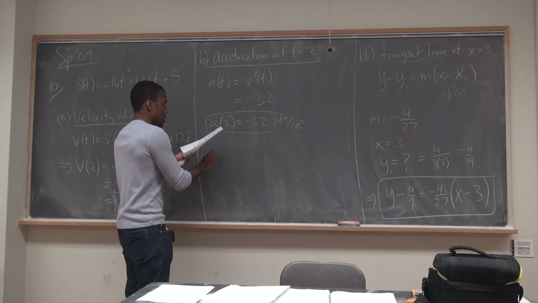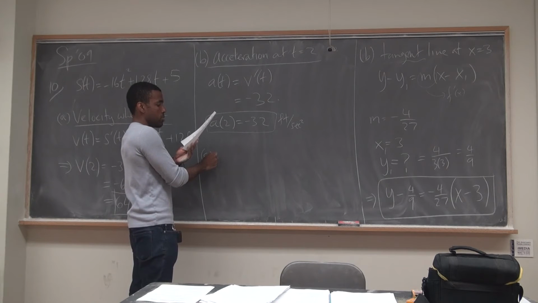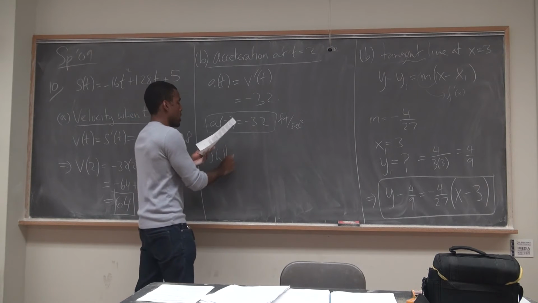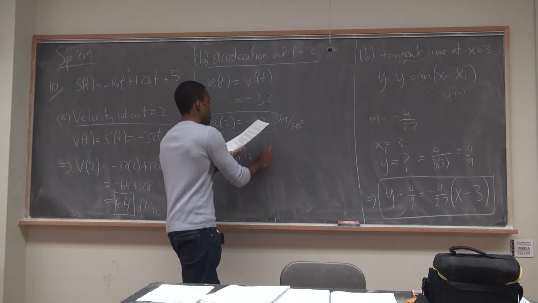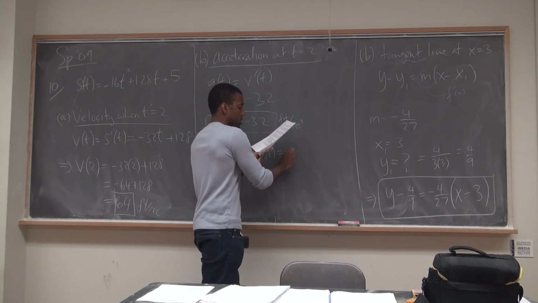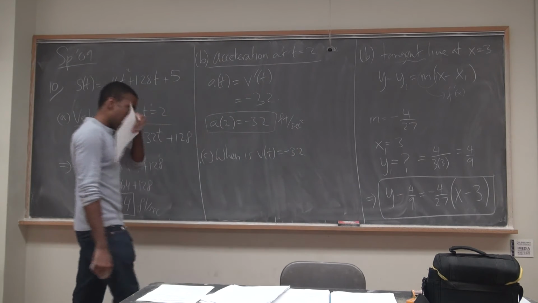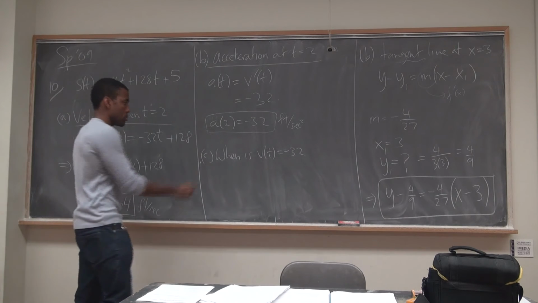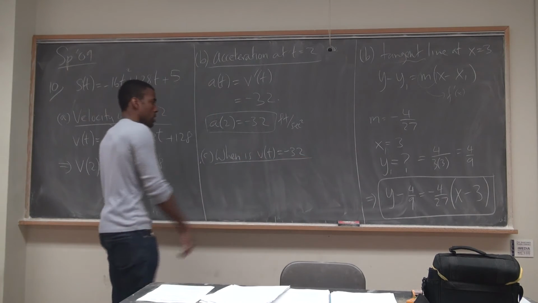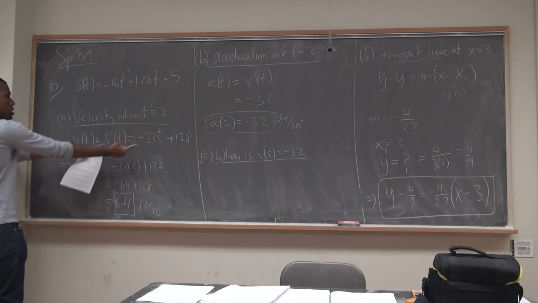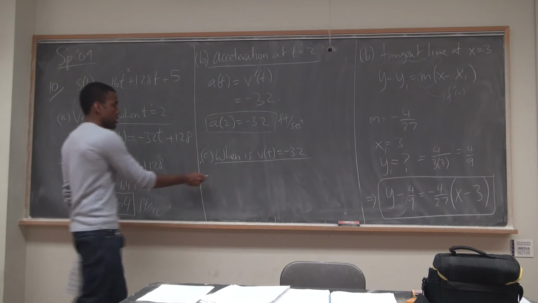C. It says at what time is the velocity minus 32 feet per second? So it says when is the velocity minus 32? Well, we know what the velocity function is. It's here. So now I'm just going to set that equal to minus 32.